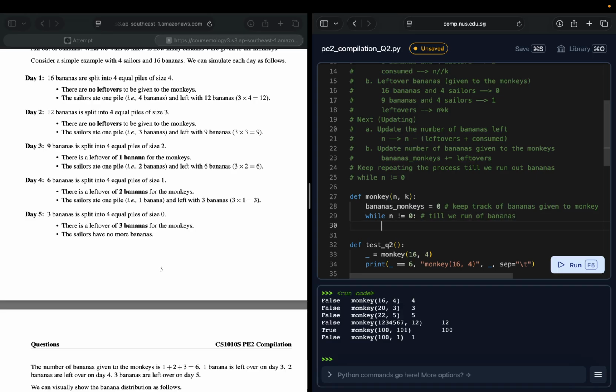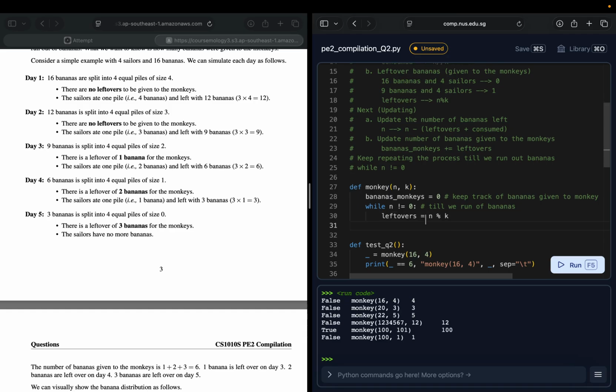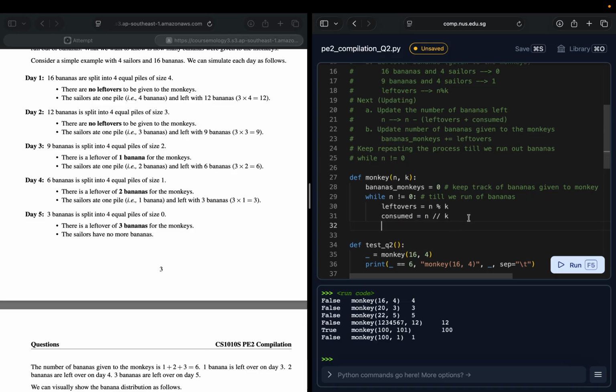At each step, we'll do two things. We'll calculate the number of leftovers, which is going to be n percent k, and we calculate the number of bananas which are consumed.